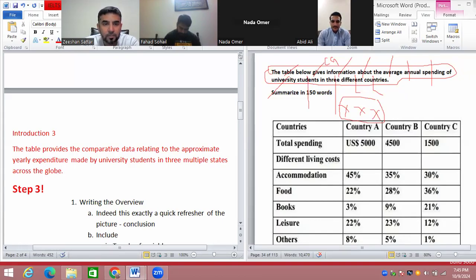Full stop. What I did, the table provides the comparative data relating to approximate yearly expenditures made by university students in 3 multiple states across the globe. So it is a third introduction I have completed.